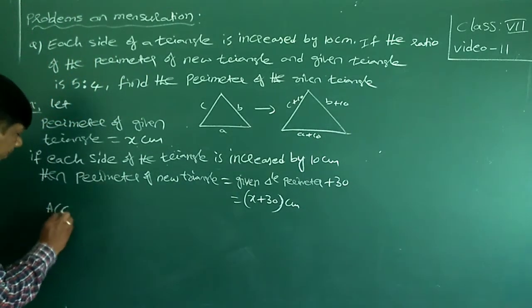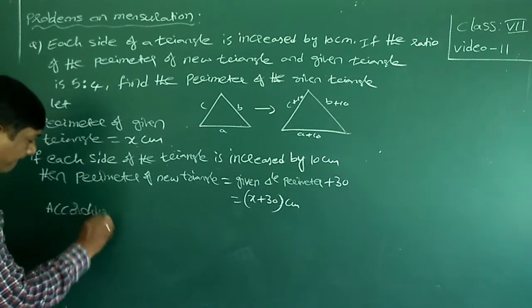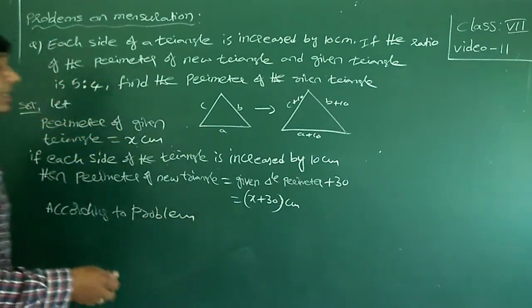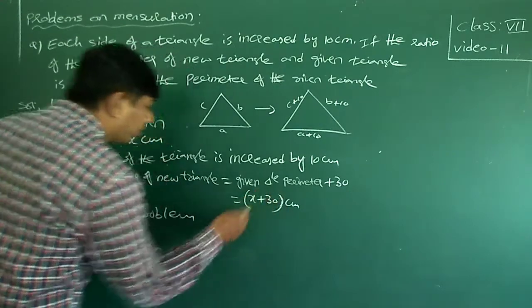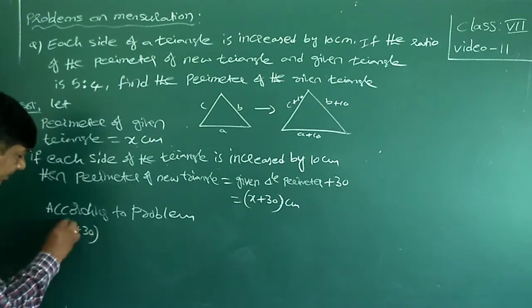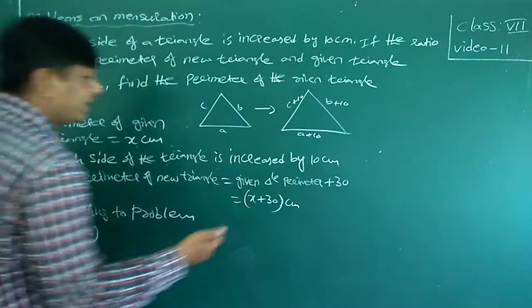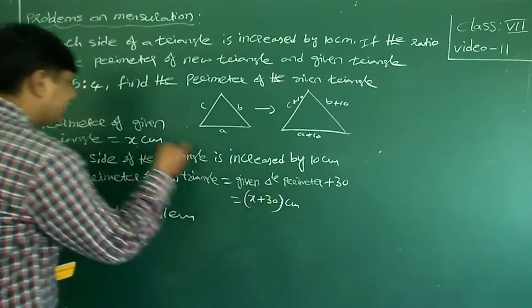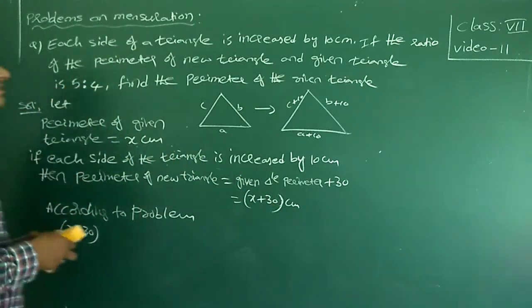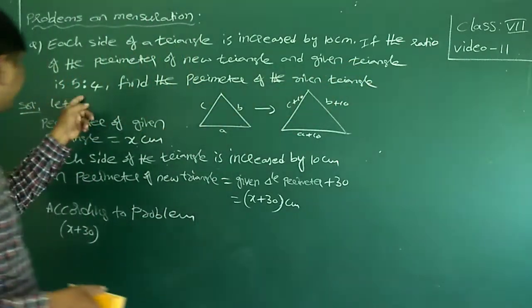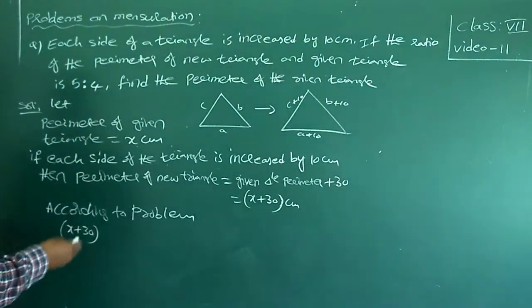Now according to the problem, the new triangle perimeter and given triangle perimeter ratio is 5:4.